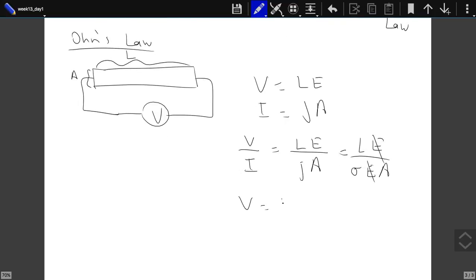V is equal to I times R, where R is just 1 over sigma L over A. This is the familiar Ohm's law and the resistance expression.